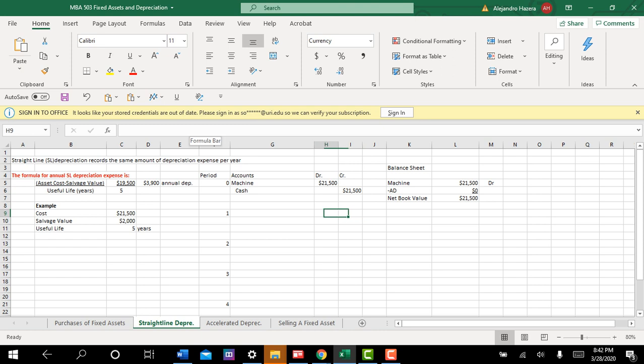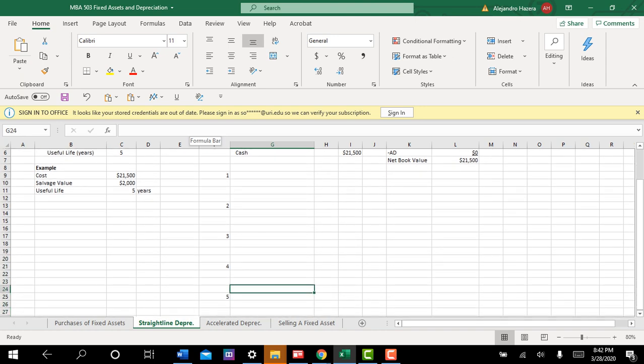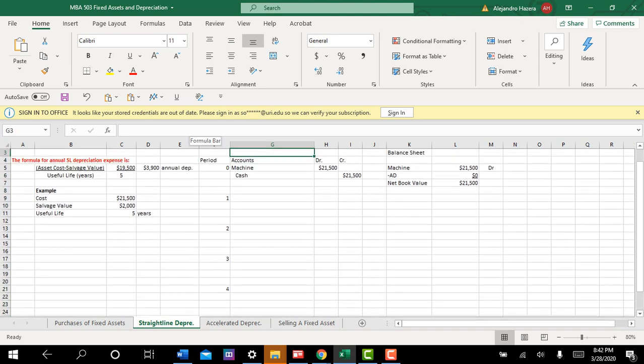Okay, now I'm going to go ahead and start depreciating the asset. And since depreciation is the same for each one of these years, I'm just going to repeat the same entry, basically copy the entry down. So at the end of year 1, everything here is end of year. These are end of year adjusting entries.